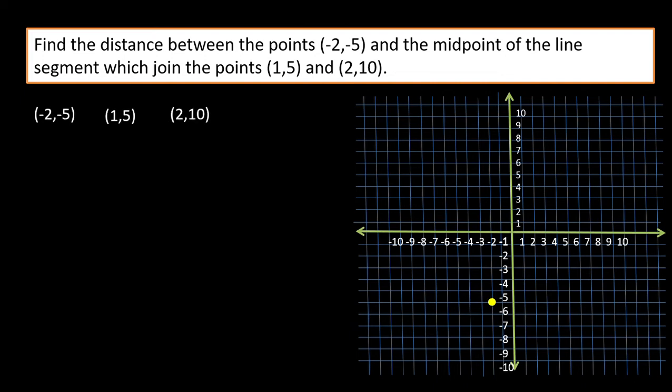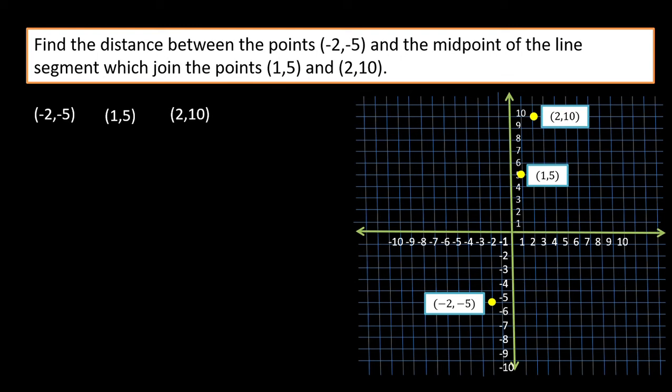So let's bring down all the givens. -2, -5, as you see in the yellow dot. And then the 1, 5 is somewhere here. That is the 1, 5. And then the 2, 10 is somewhere there.